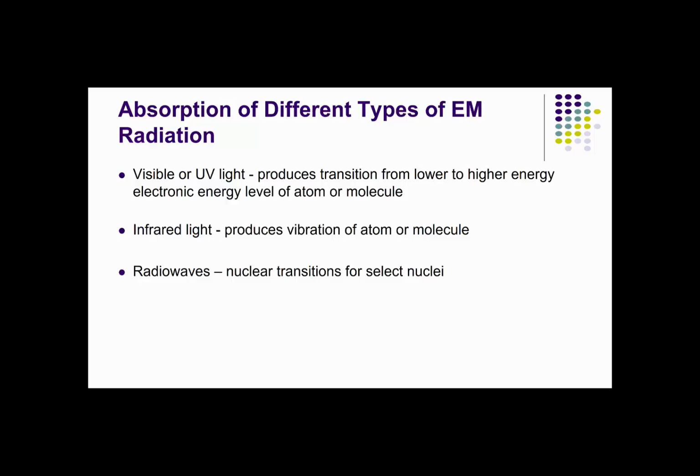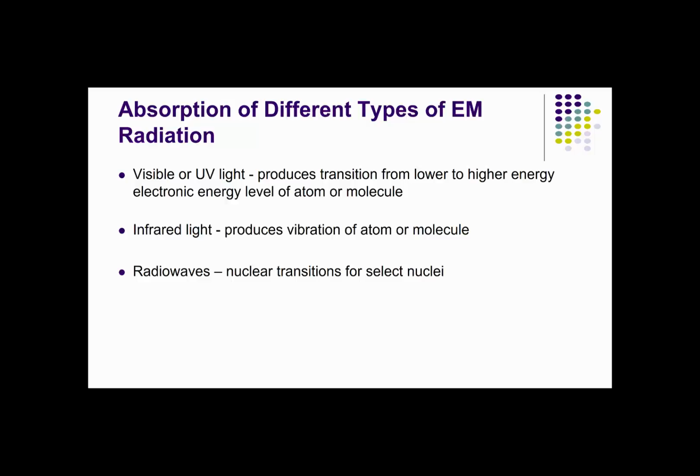However, if the energy of the electromagnetic radiation is in the infrared spectral range, absorption of infrared radiation will result in vibrations. On the other hand, if radio wave electromagnetic radiation is used, nuclear transitions will occur for selected nuclei. All of these changes can be used to learn about the structure of matter and to quantitate how much of a material is present.